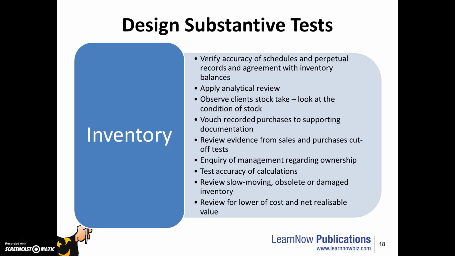Another subsystem is inventory. We verify the accuracy of schedules and perpetual records. Observe the client's stock take, vouch the recorded purchases, review evidence from sales, inquire of management, test accuracy of calculations, review slow moving stock, review lower of cost and net realizable value.